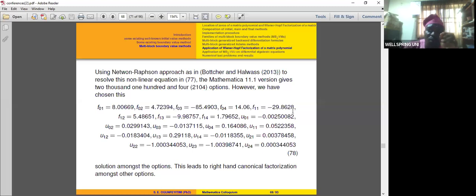But out of these 2,104 options, I only pick one option, which I showcase in equation 78. This leads to the right-hand canonical factorization among other options.